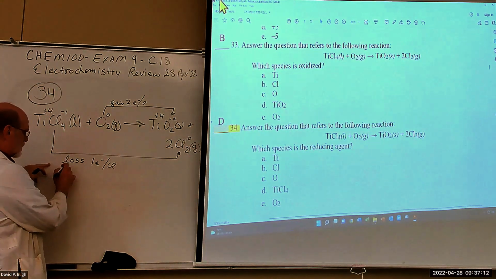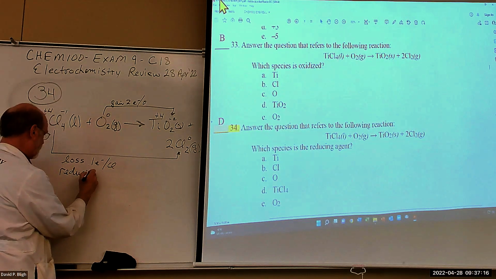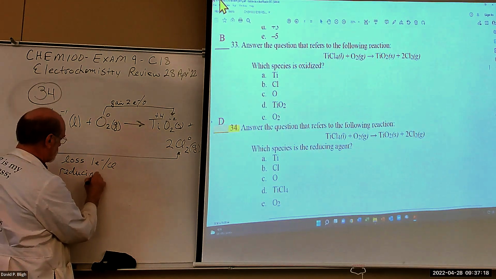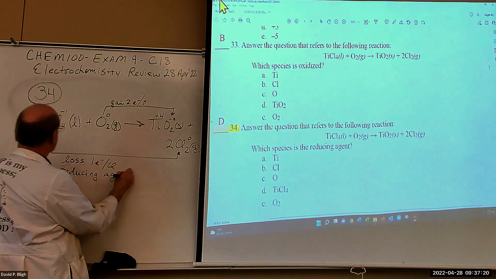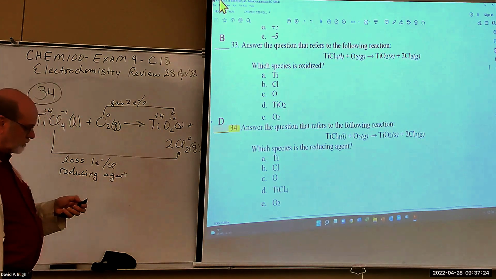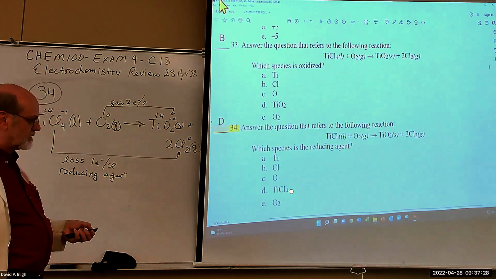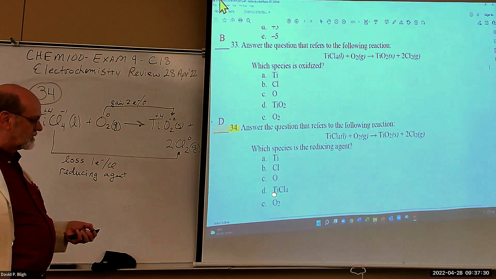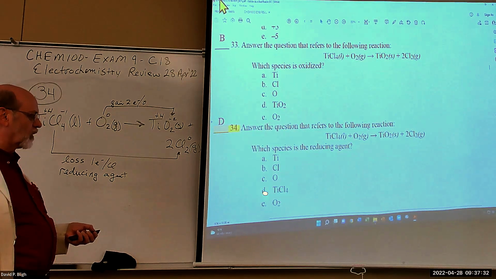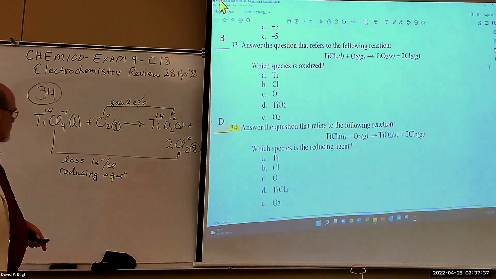Loss of electrons means this is the reducing agent. Right? In this case, the best answer is titanium 4 chloride is the reducing agent.